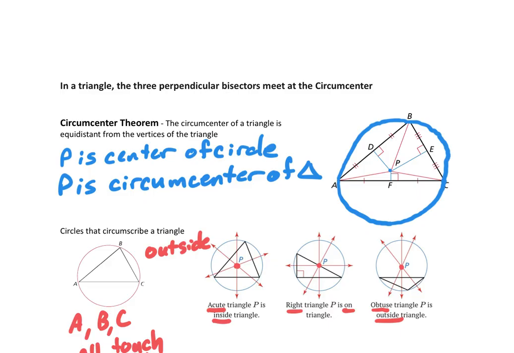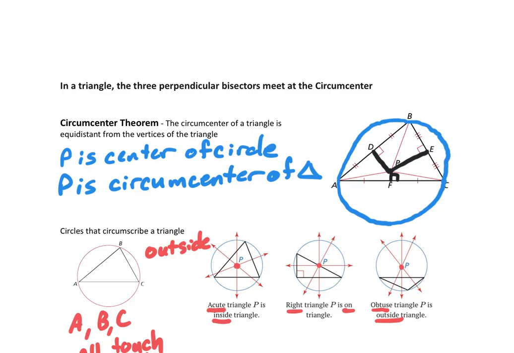So notice what's going on here: here's the center, P, right? If I were to draw these three segments in here, these three segments are the perpendicular bisectors of the sides of this triangle.